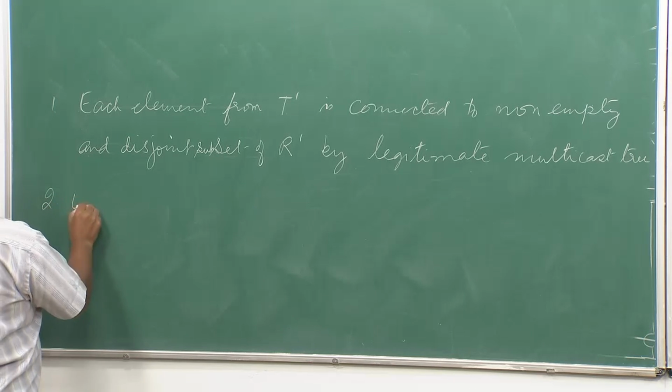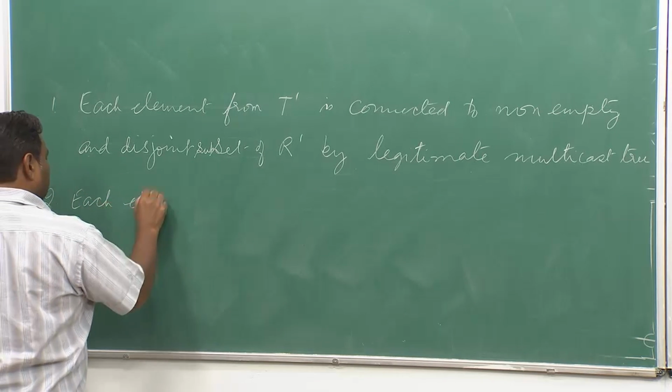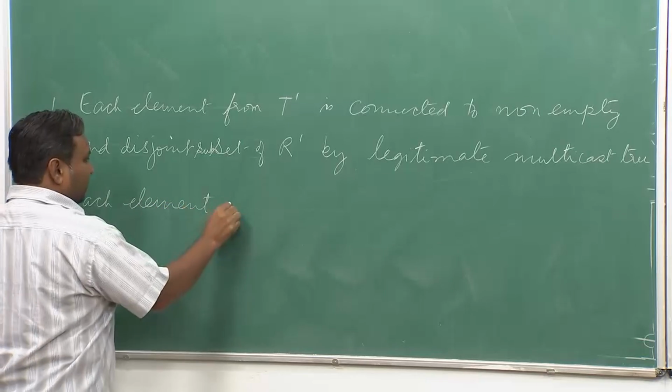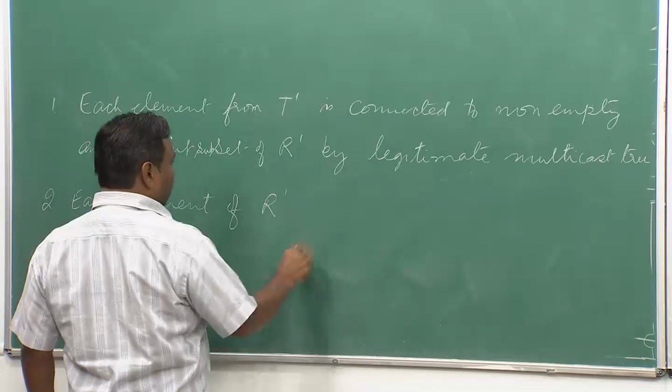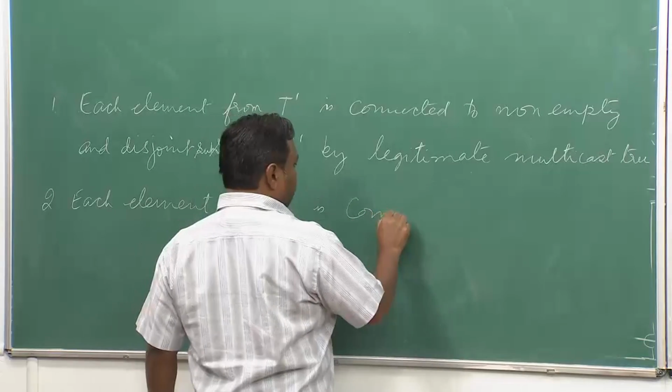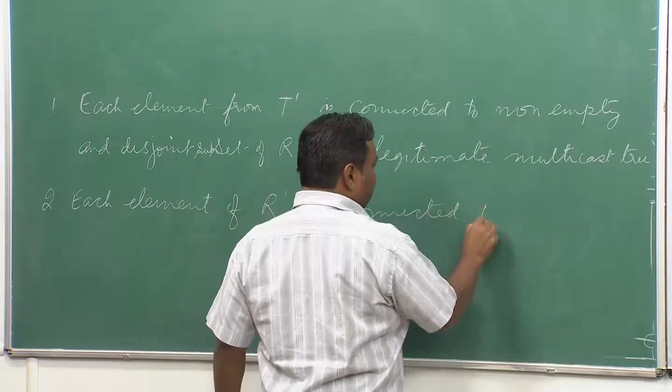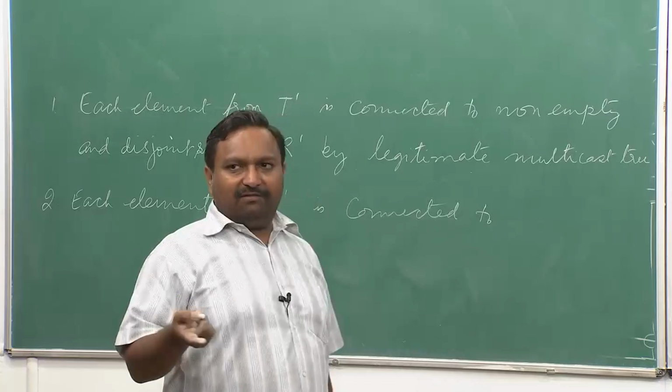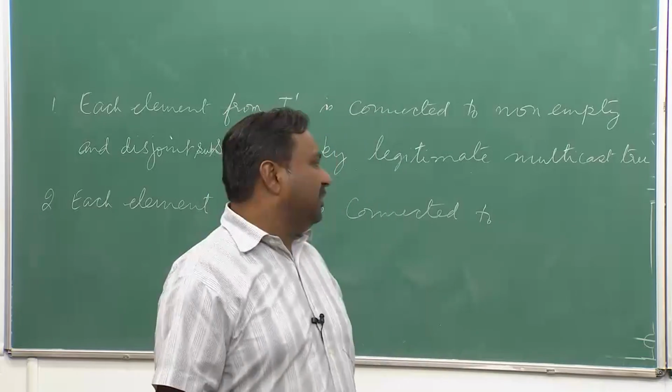Second is, each element of R prime is connected to an element of T prime. It will be connected to only one element, it cannot be multiple of them.